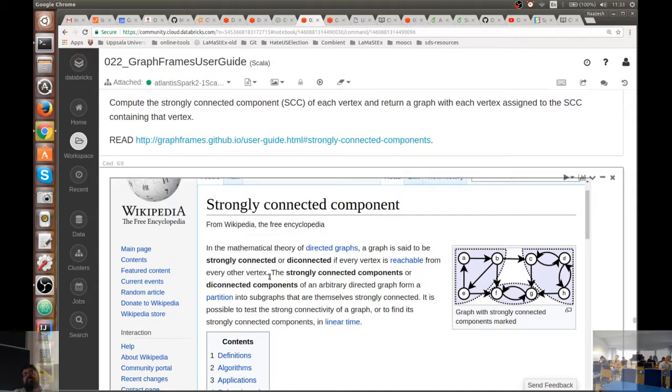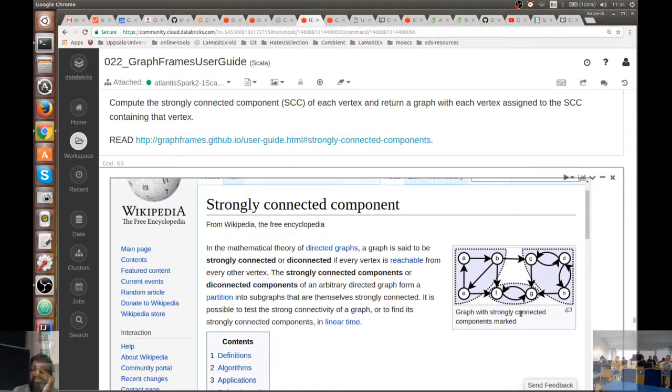Reachable in the sense of a directed path existing. The strongly connected components of an arbitrary directed graph form a partition into subgraphs that are themselves strongly connected. This is a consequence of the definition.